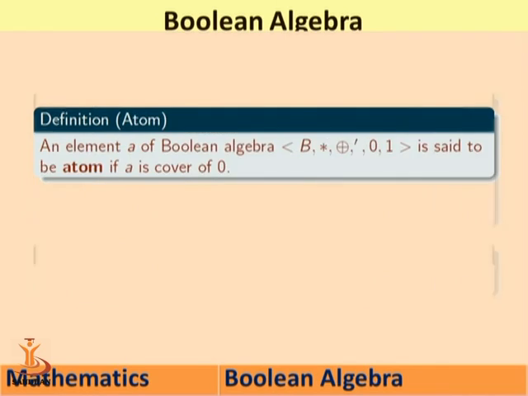Now the next definition is an atom. An atom is an element of a Boolean algebra which is a cover of 0. We know what a cover is: cover means there is no element between these two elements. So an element A is said to be an atom of a Boolean algebra if it is a cover of 0.